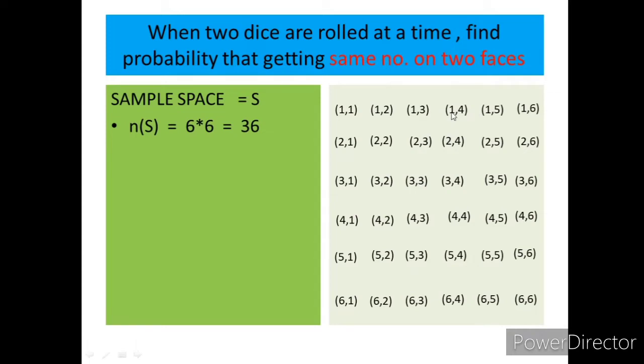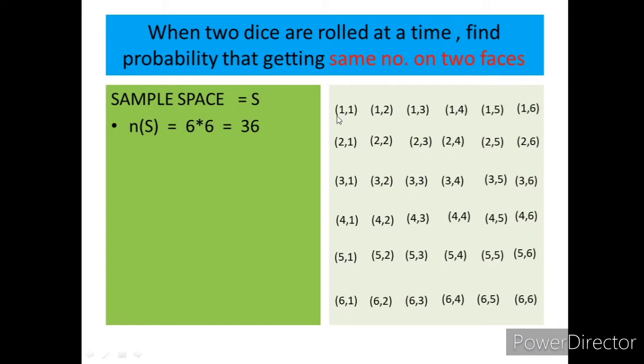Here one face is 1, on the second face is 4. Here you cannot get the same number on two faces. Suppose you take this one, 3,3: you will get 3 on the first face, and you will get 3 on the second face also. Here you get the same number on two faces. Can you identify among these 36 which are suitable to our condition, that is, the same number on two faces?